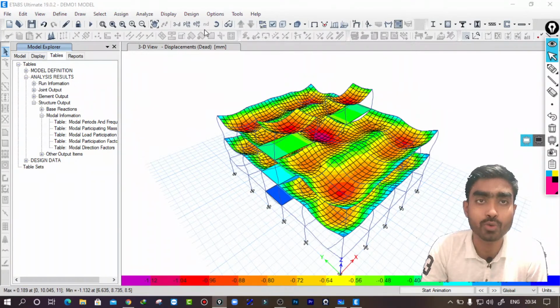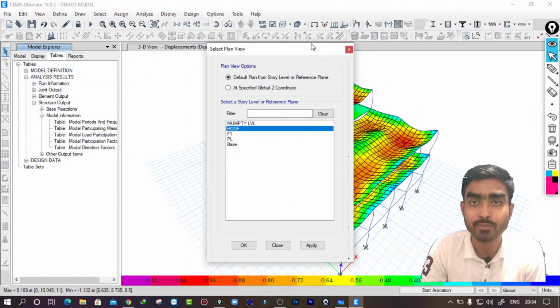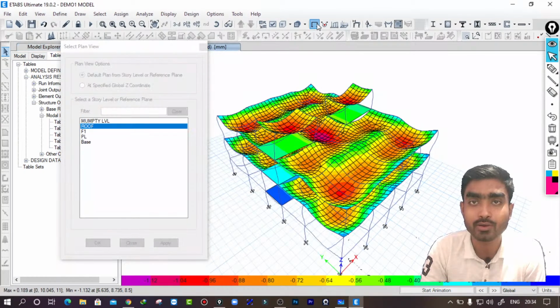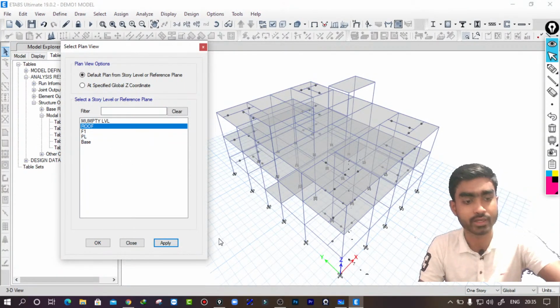For this, let's go to the top view, that means the terrace floor, roof floor, and I'll show you how it is deforming. Close it and go to roof floor. I think the drag is not working again.